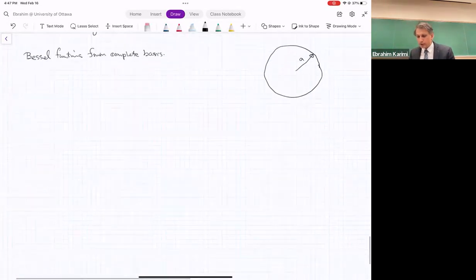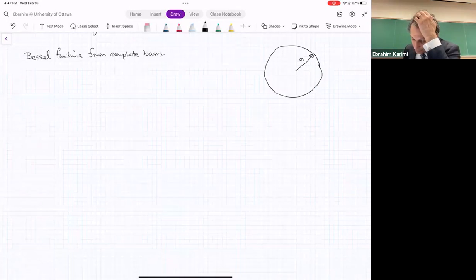So you can look at your books for getting some of the properties of Bessel functions. What I want to tell that is a little bit important for people that work in the field.